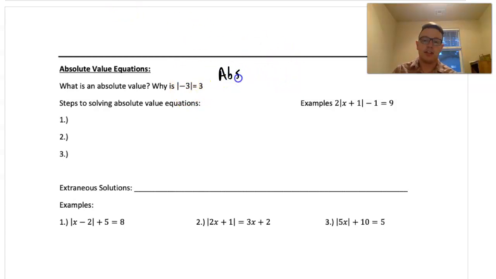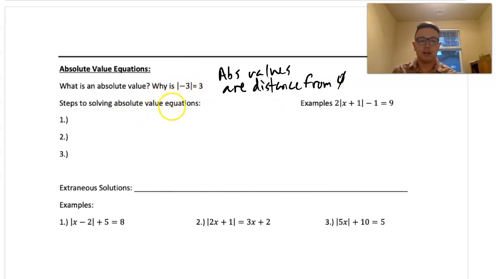So absolute values are just a distance from 0. Right, so how far is negative 3 away from 0? Well, it's 3 away from 0. We can't really be a negative distance away from something. It always has to be positive. So remember, that's what an absolute value is.